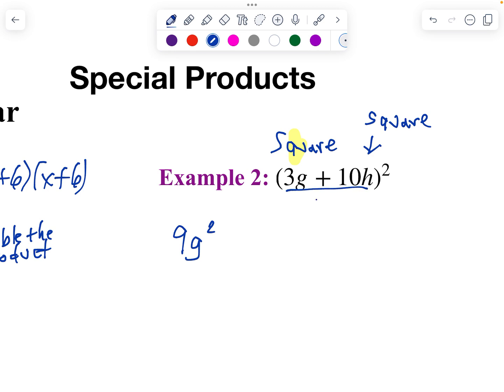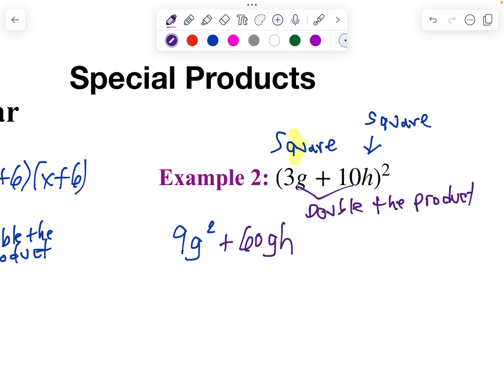Then I look at these two and double the product. 3 times 10 is 30. Double that, we get 60gh. If I square the last term, I get 100h squared. And there is our answer: 9g squared plus 60gh plus 100h squared.